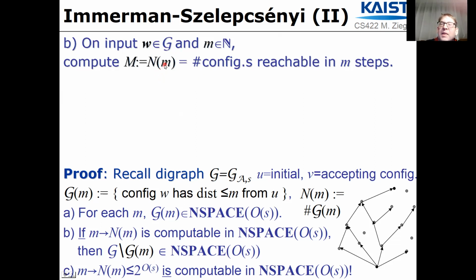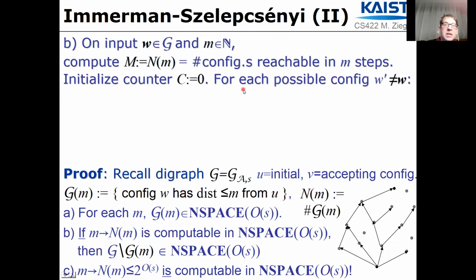But we don't have the configurations, we only have their number. Also, this number, remember, can be exponential, so we cannot even enumerate the configurations. We can only store a constant number of these configurations. Otherwise, the memory bound will be exceeded.